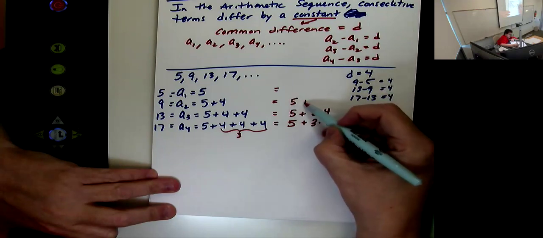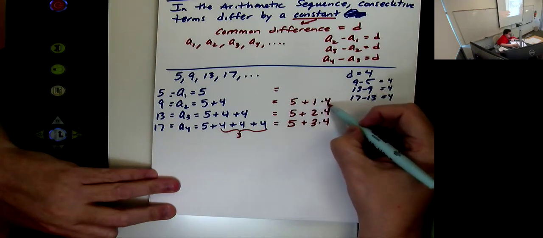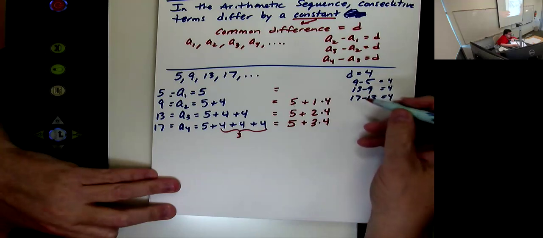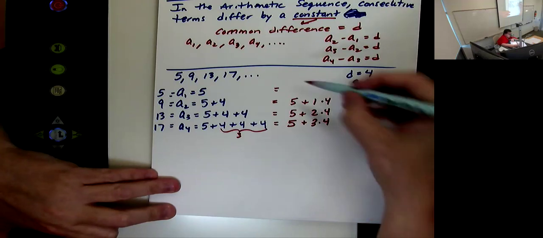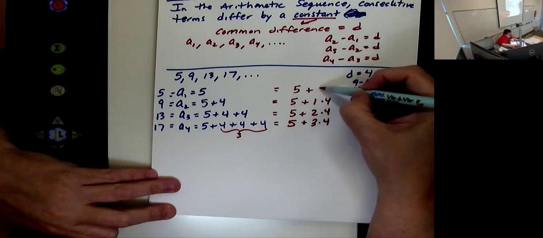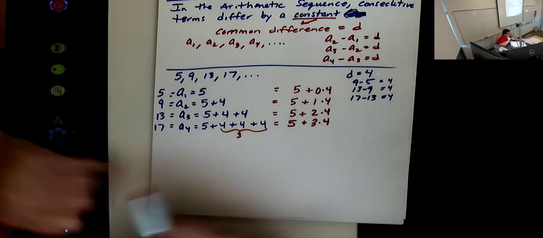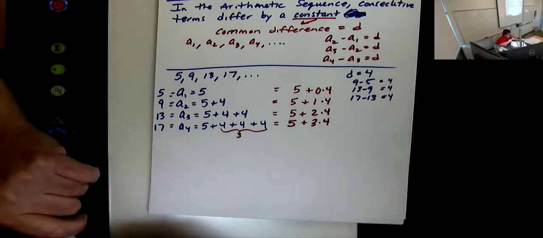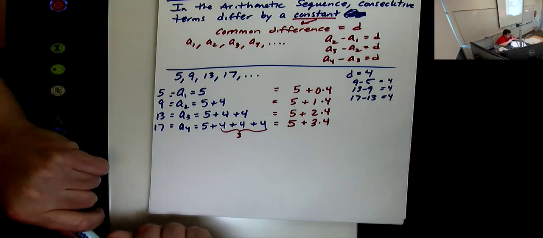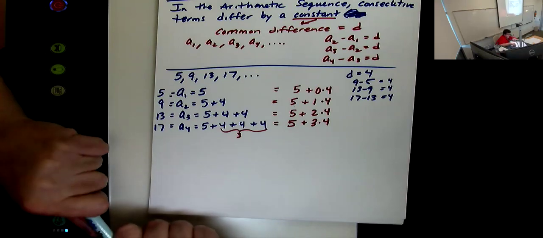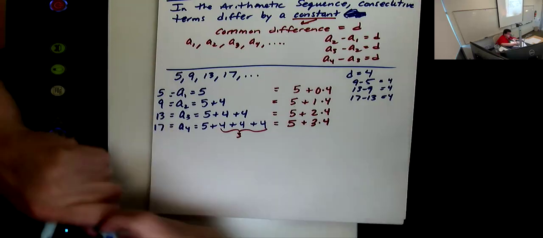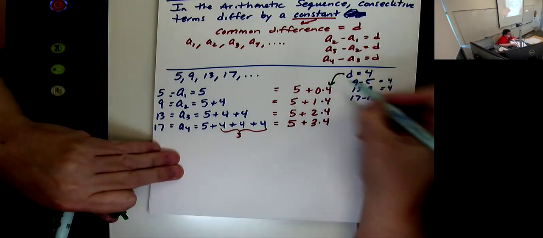And while you wouldn't do it, it does help to see the pattern. 5 plus 1 times 4. And 5 plus 0 times 4. There's my d right there.